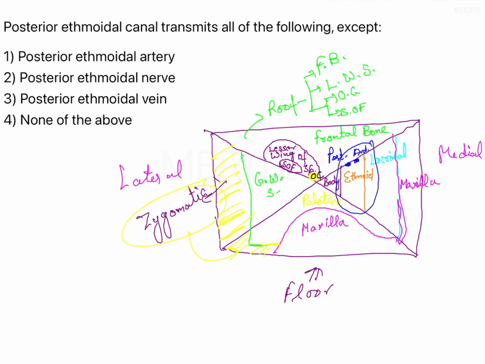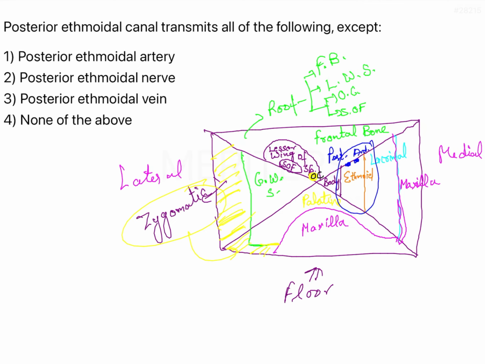Now the thing to remember here is that both the anterior as well as the posterior ethmoidal canal are going to traverse the vessels, whether it is artery or vein, of the same name. Posterior ethmoidal artery will be traversing into the posterior ethmoidal canal. Anterior ethmoidal artery will be traversing into the anterior ethmoidal canal. Same way, posterior ethmoidal vein will be traversing into the posterior canal.